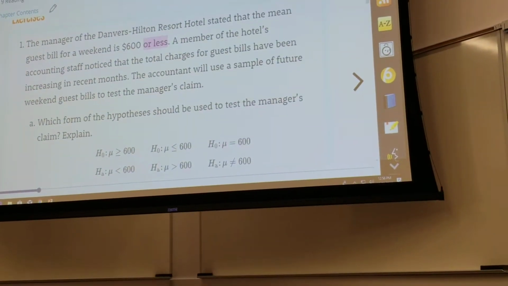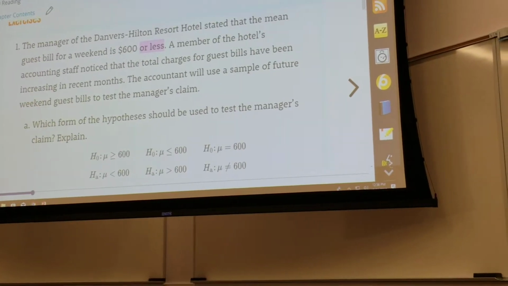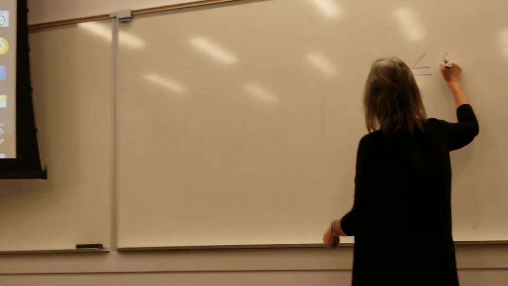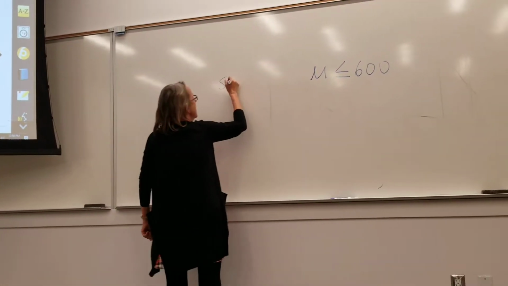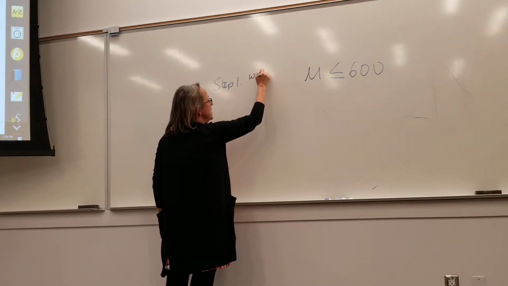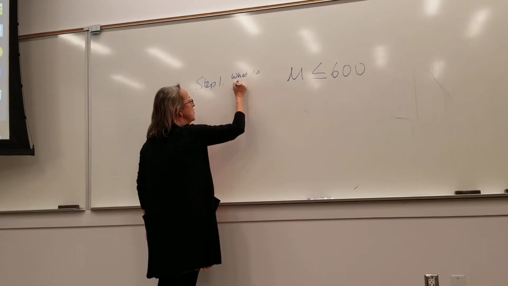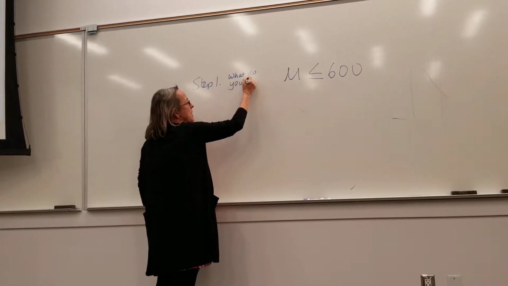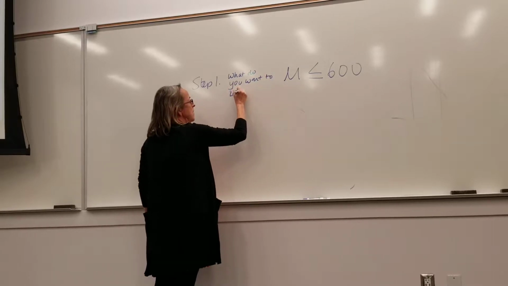So what he's saying is that the mean is less than or equal to $600, right? Step 1 is write down what do you want to know, or what's the claim, because he's testing the manager's claim.